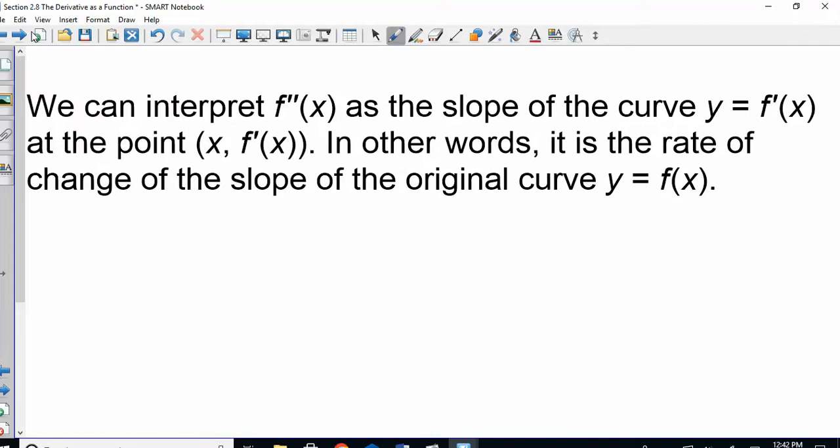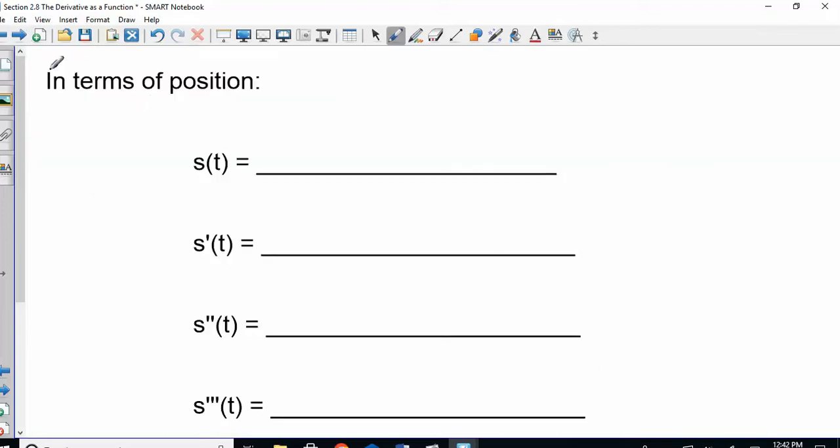Okay, so velocity is essentially our speed with direction. If you do the derivative of velocity, it tells you how your velocity is changing or how your speed is changing. Are you speeding up? Are you slowing down? What would that word be? Acceleration. Tells you how you're speeding up or slowing down.